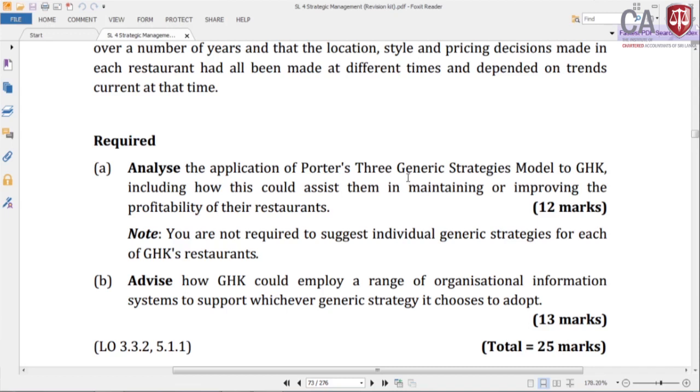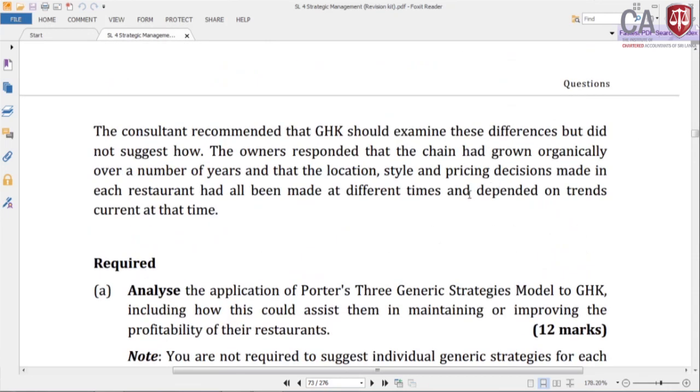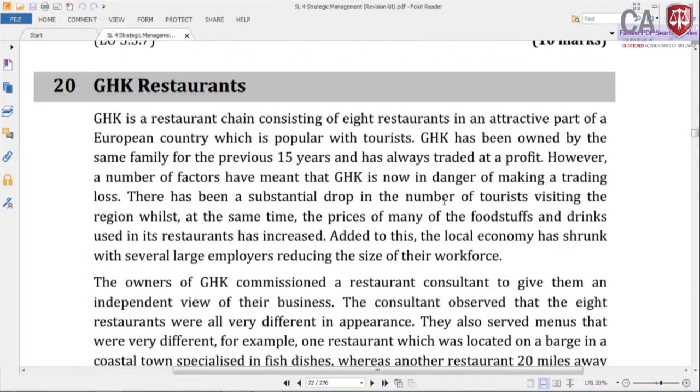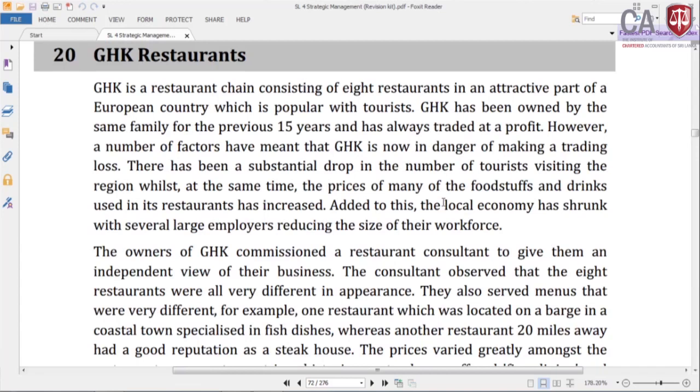Now, you have the theoretical knowledge on Porter's 3 generic strategies. Now, we will try to apply them to the given scenario. We will go through the given scenario.